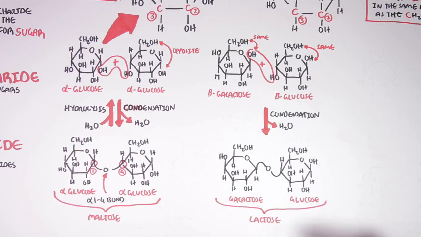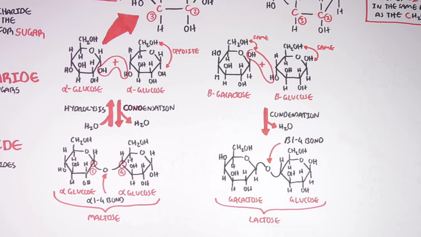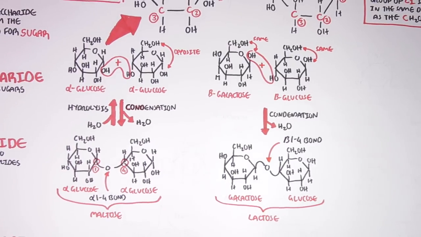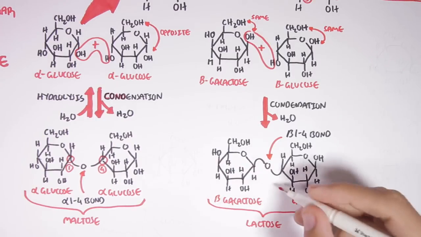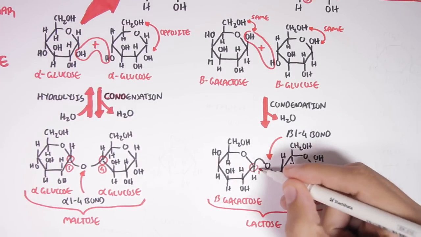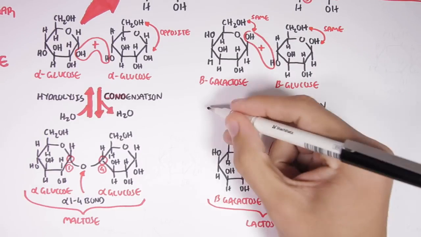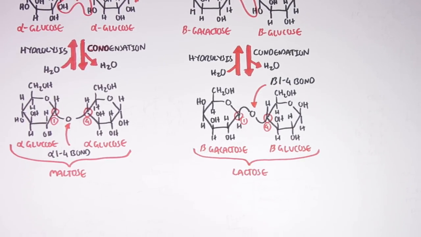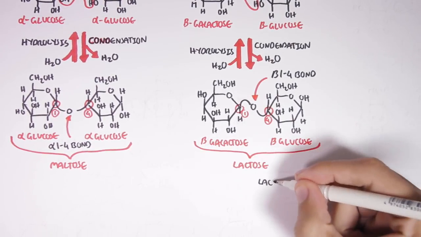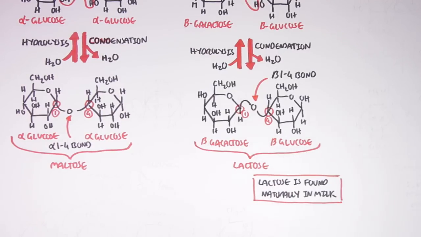The galactose and glucose is linked together by a beta 1,4 glycosidic bond. Now it is called a beta 1,4 glycosidic bond because the galactose and glucose are in a beta configuration, and also carbon number 1 and carbon number 4 are involved. The reverse reaction to break lactose requires hydrolysis by adding water. Now lactose, as you all probably know, is found naturally in milk.